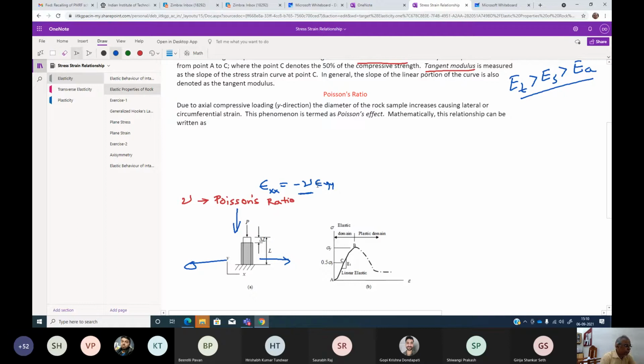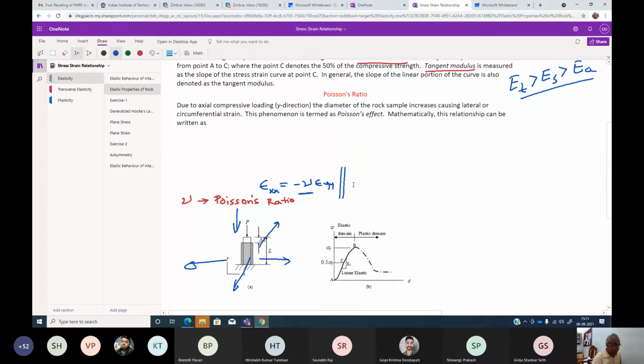Okay, that means the ratio between lateral strain to longitudinal strain. Here yy is the longitudinal strain along the application of the load, so that is epsilon yy, and epsilon xx is the lateral strain, that is 90 degrees apart. You can see it can also be in this direction in 3D, so both directions are possible. So this is called Poisson's ratio.